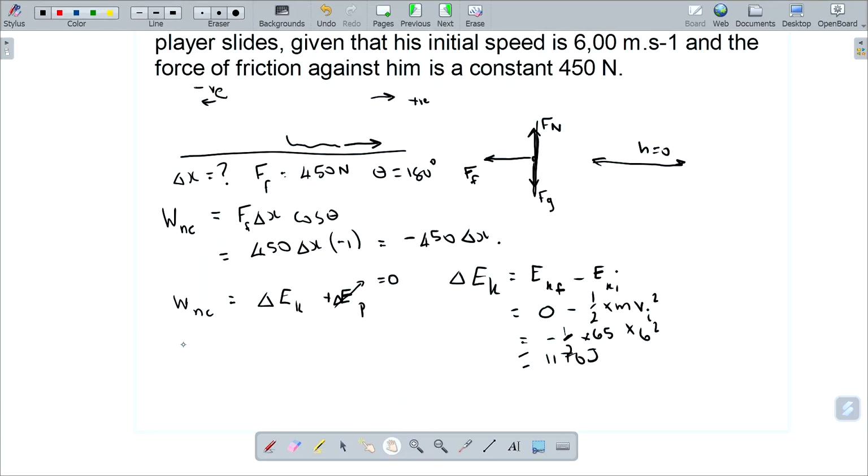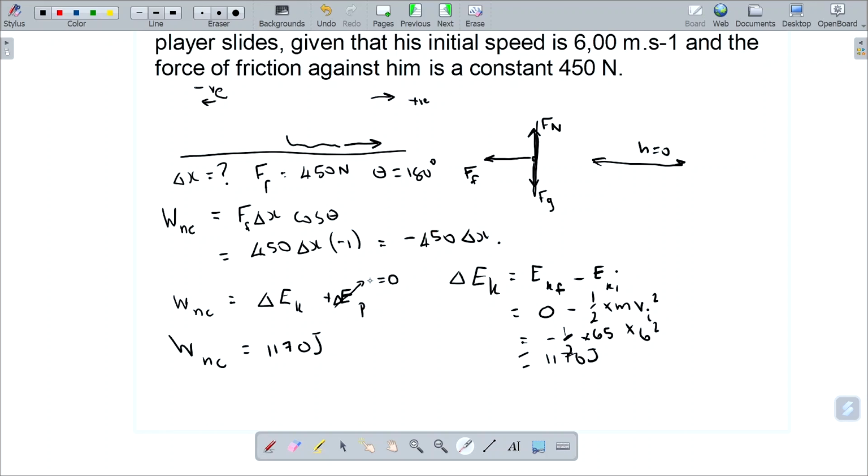And therefore, we can say that the work done by the non-conservative force equals the change in the kinetic energy, which is 1,170 joules. But look at this, this is interesting, we've also derived that the work for the non-conservative force is equal to minus 450 times delta x.